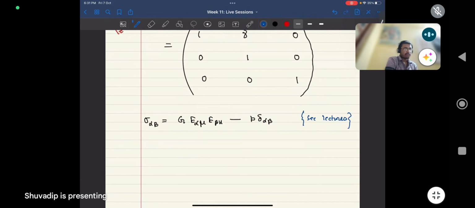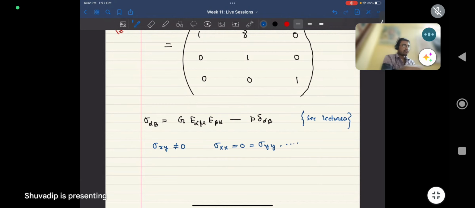only present if it is sigma xy. All the other sigmas are 0, so sigma xy is not 0. For anything else, sigma xx or sigma yy, everything else is 0.